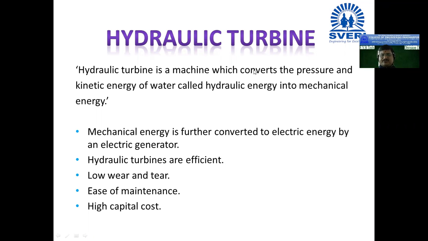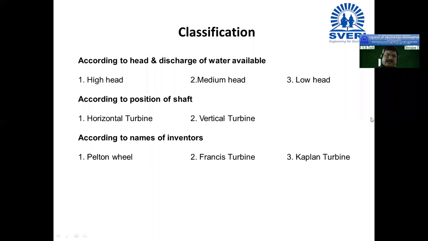Friends, let us move towards the next concept, which is nothing but the classification of hydraulic turbines. Here you can see that there are 3 types of classification. One is according to head and discharge of water available.